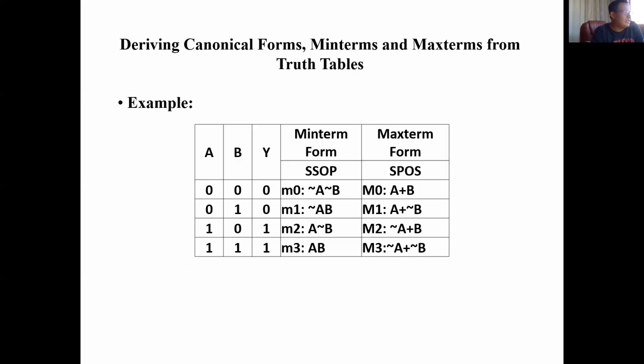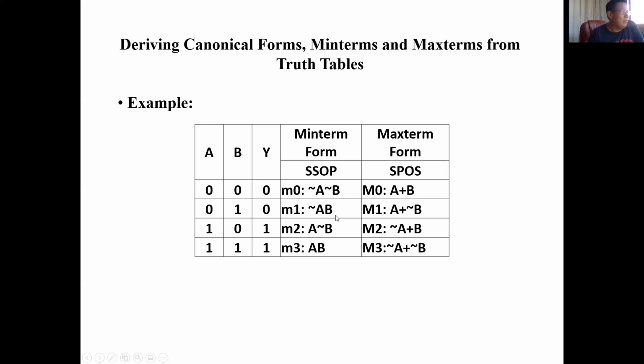For example, we have here the min term form. From the truth table, we have 0, 0, 0. The min term is not A, not B. Why? Because A is 0 and B is 0, so we take the complemented form. So not A, not B. That's the min term form. Now, if A is 0 and B is equal to 1, we'll say not A, B. Why not A?